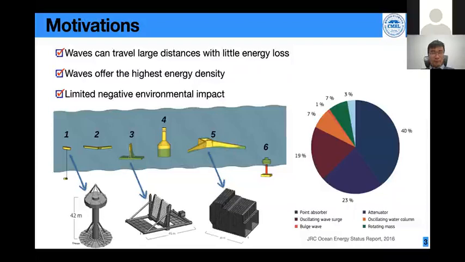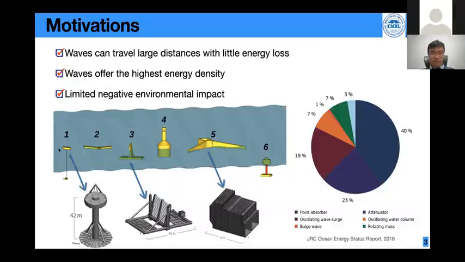So as we know, wave energy converters have received more and more attention in recent years because waves can travel long distances with little energy loss. Another important feature is that waves offer the highest energy density. Also, wave energy converters show limited negative environmental impact. In this figure, we have shown several types of wave energy converter.